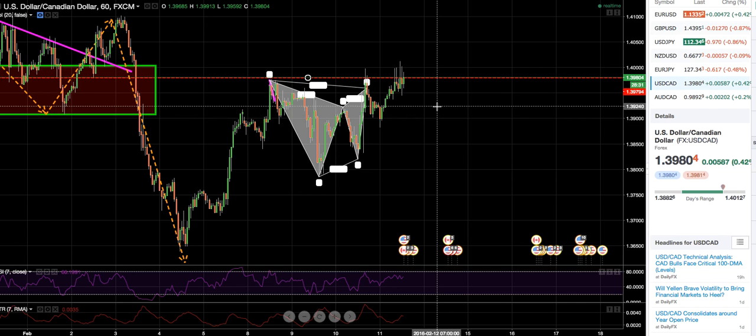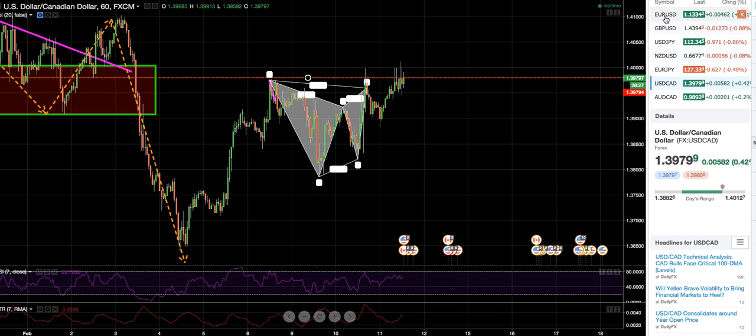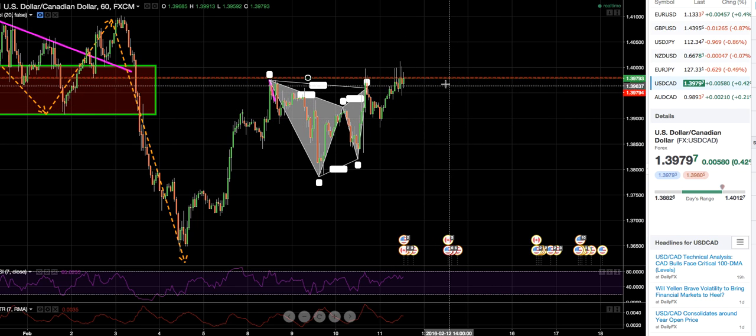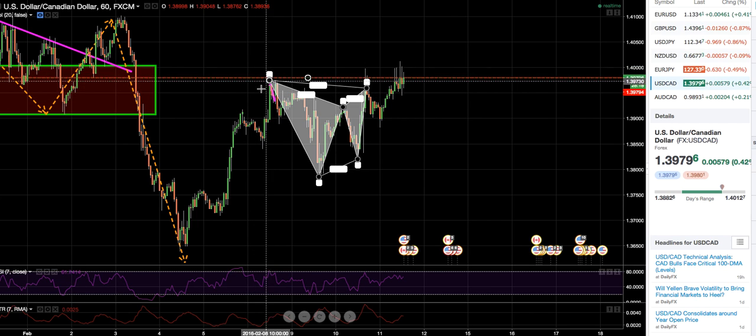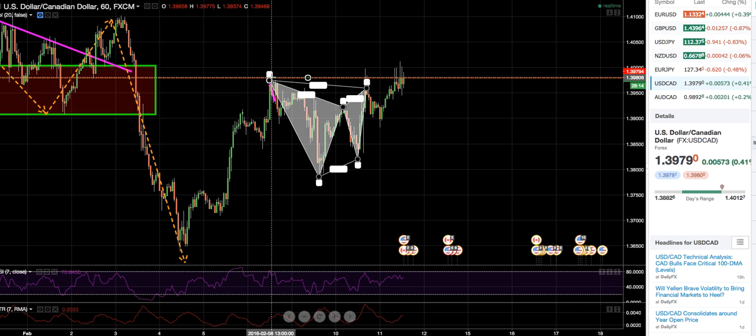I should have taken this example, not the Euro USD, because we got a rally when I was talking about the wicks. But take a look at the wicks right here. The market comes up, puts in an exhaustion or a resistance, right?